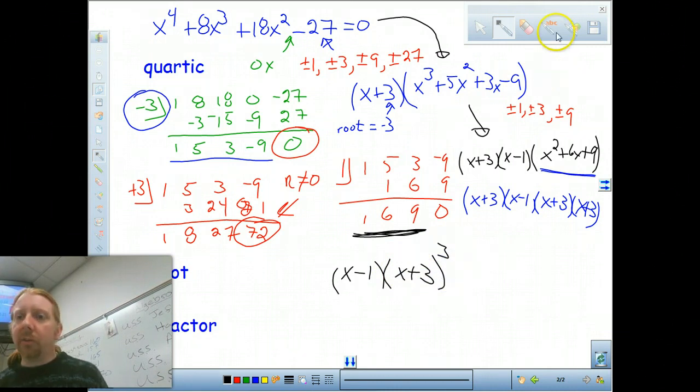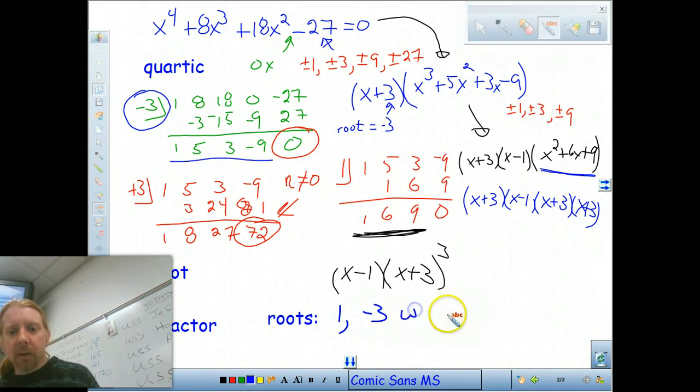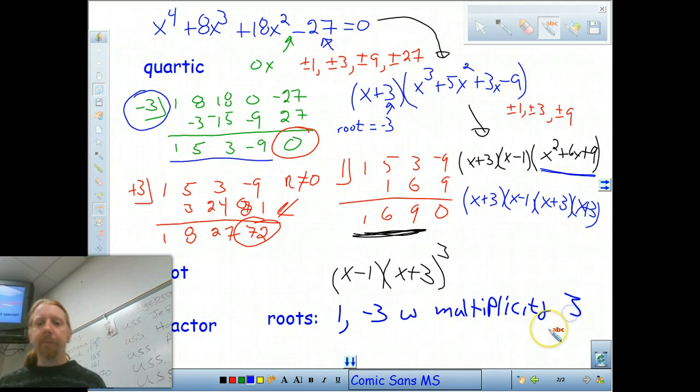So my roots, or my zeros, are going to be 1 and negative 3 with multiplicity 3.